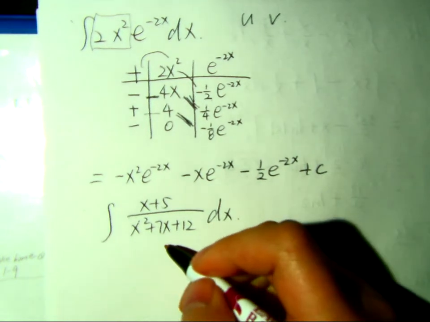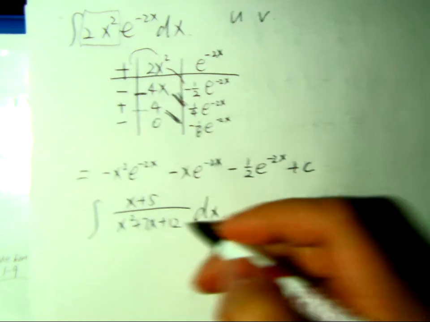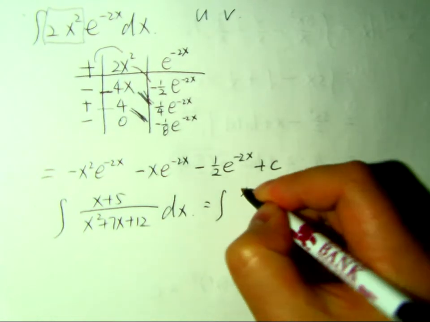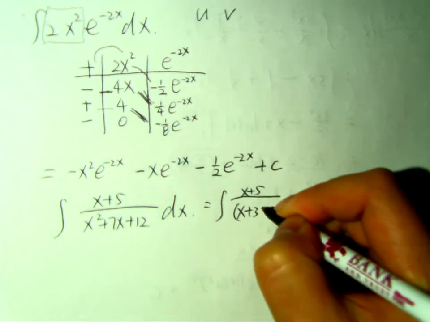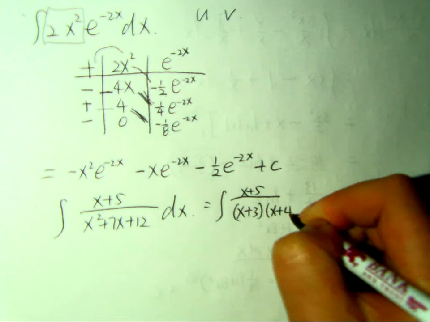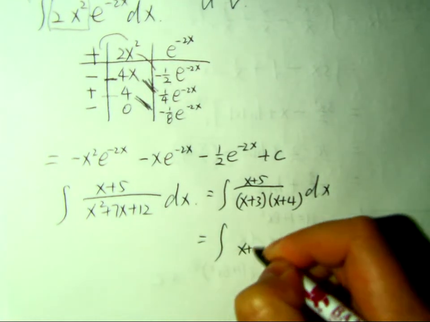For this one, we do partial fraction. So we factor the bottom to x plus 3 and x plus 4. Then we separate this.